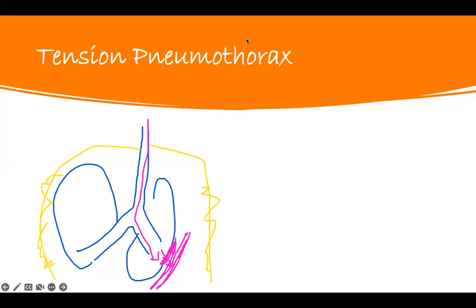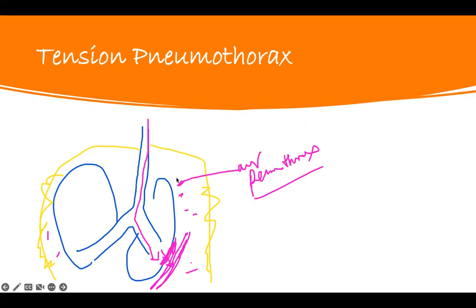This space should be free of air. There shouldn't be any air molecules here. When you have air molecules here, so this is air, pneumo. Pneumo is air. When you have any air molecules here, we call it pneumothorax. So air in the chest. That's all it means. Pneumothorax, air in the chest. That's bad. Look at it.